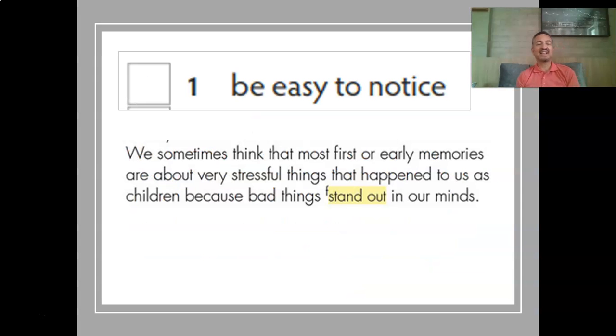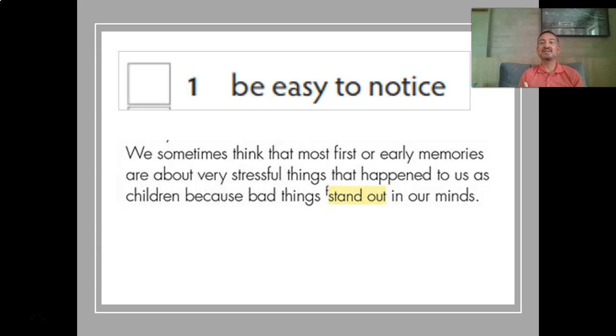So let's take a look at some phrasal verbs that you could take from that text on page 111. To be easy to notice. So this is the meaning of this phrasal verb, and the phrasal verb is to stand out. Look at this example. We sometimes think that most first or early memories are about very stressful things that happen to us as children because bad things stand out in our minds.